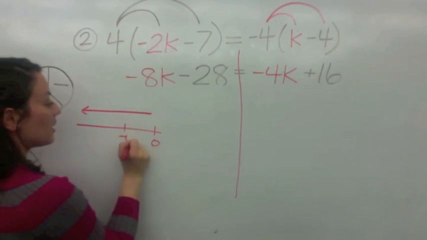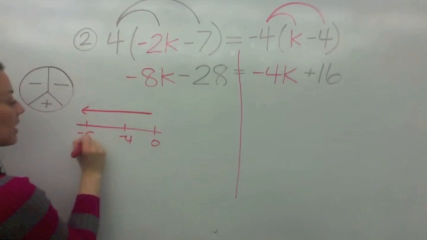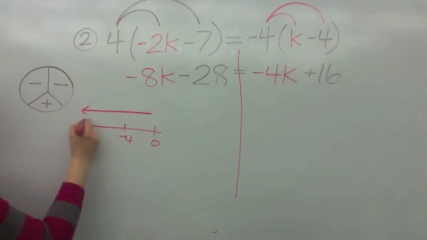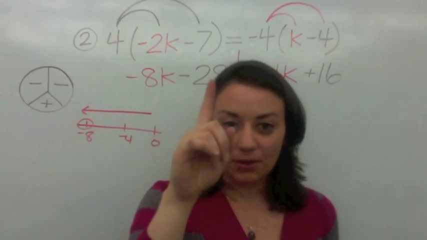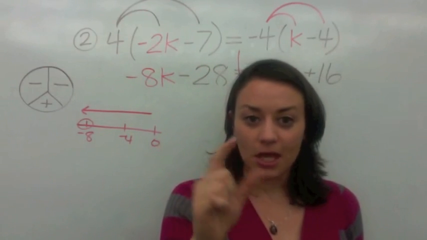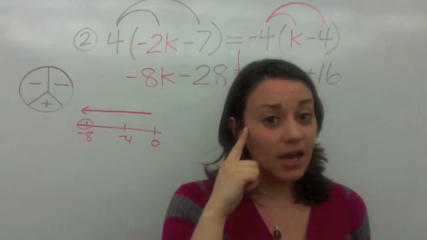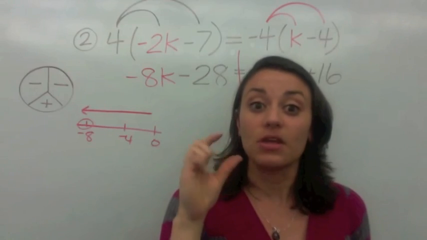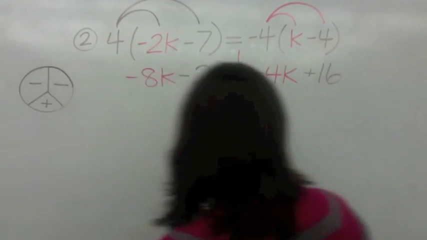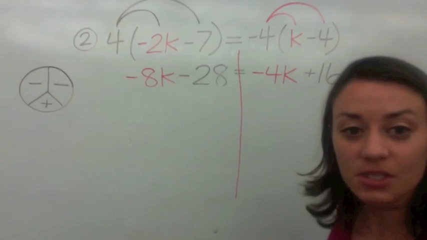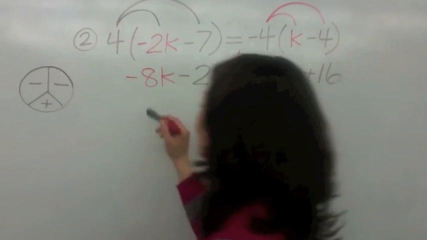So here is negative 4, and here is negative 8. What is smaller? It's negative 8. Remember, the bigger the negative is, the smaller it is. What did I say? The bigger the negative, the smaller. I know that's a really hard concept to understand. We want to work with positive numbers, yes? Yes. So please choose negative 8.